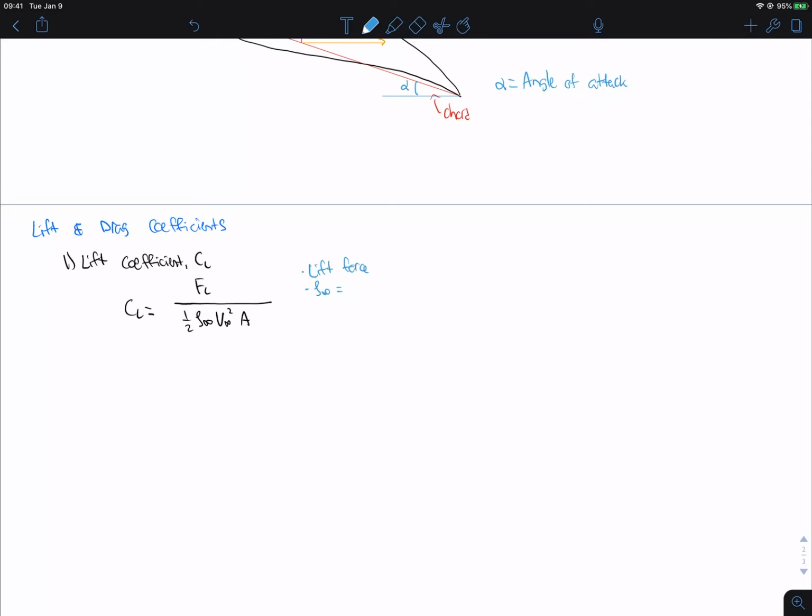Rho infinity, that's our free stream density, sorry. Then V infinity, that's the free stream velocity. And then A is going to be our area.